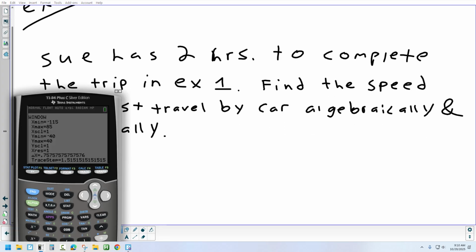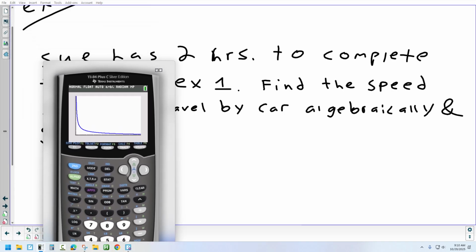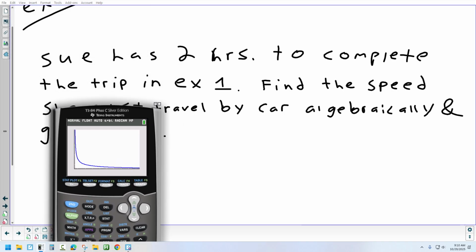Okay, so if I'm going to do it graphically, first thing I should do is set my window so that I am only looking at quadrant 1. So that graph represents the time it takes Sue to complete the trip. Can anyone give me a sentence that kind of explains what that graph means?